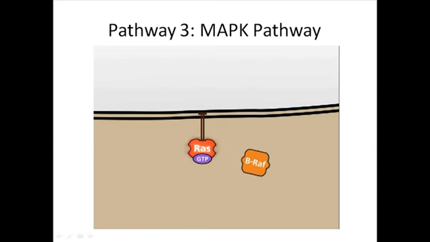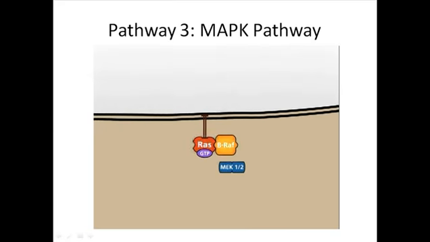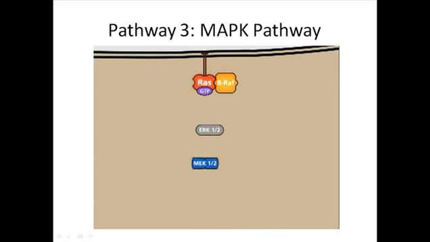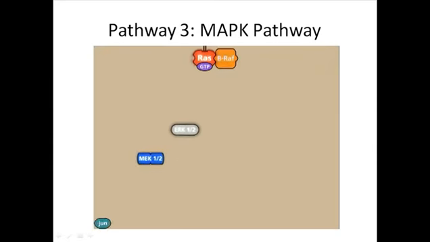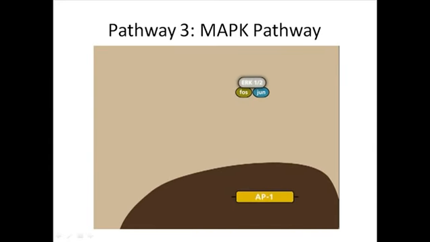The kinase BRAF is one of the most important effectors of RAS. Active BRAF phosphorylates and activates the kinases MEK1 and 2, which in turn phosphorylate and activate the kinases ERK1 and 2. Finally, the kinase cascade leads to the activation of transcription factors of the AP1 family.